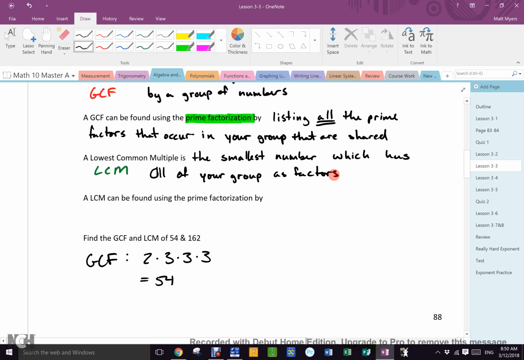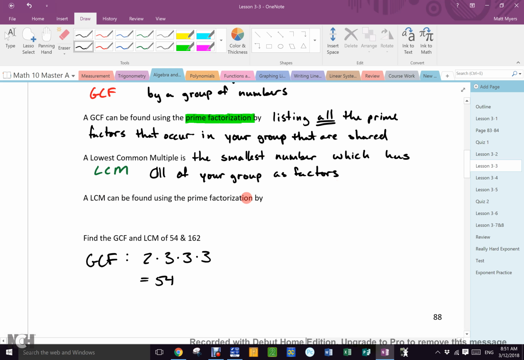So remember, our group right now is 54 and 162, yes? So there is a number that both 54 and 162 are factors of. You already know what it is if you stop to think about it, but we're going to find out how to do it anyway.